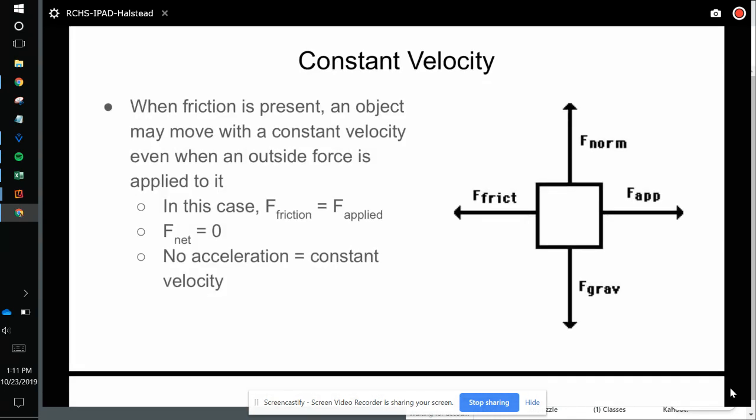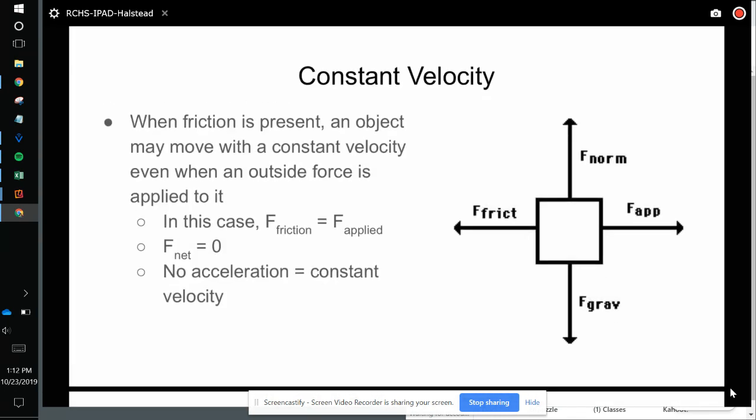So when we're moving at a constant velocity, like you guys saw in the lab yesterday, the applied force will be equal to the friction force. So here our net force is 0, because we know that from Newton's second law, the net force equals mass times acceleration.